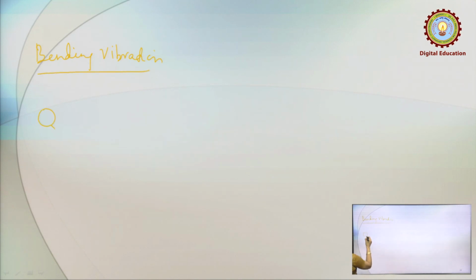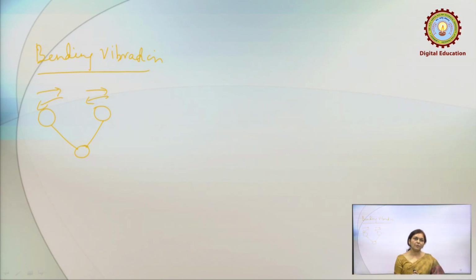Bending vibrations, as we earlier discussed, are those in which two atoms bend with respect to the central atom. Either this will move like this or this will move like this, but they bend this way or that way. It means there is change in their bond angle, but bond length remains the same.